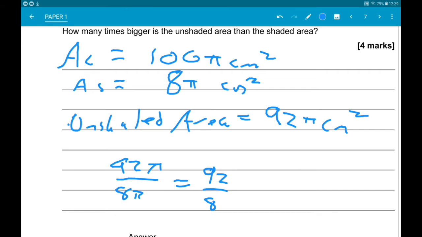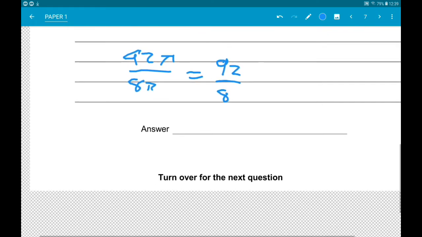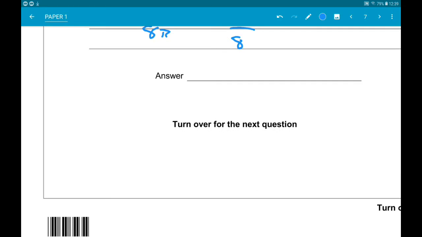Now for that, we can use the bus stop. Can practice. So 8 into 9 goes once. 1 remainder. 8 into 12 goes once.